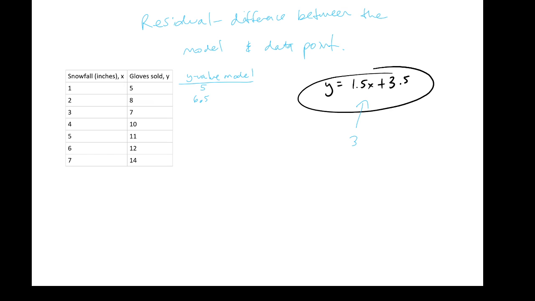We input 3 this time: 3 times 1.5 is 4.5, plus 3.5 is going to be 8. I'm going to give you the rest of these values, as we could calculate every single one, but I'm just going to shortcut this for you. And of course, last but not least, 14 here.